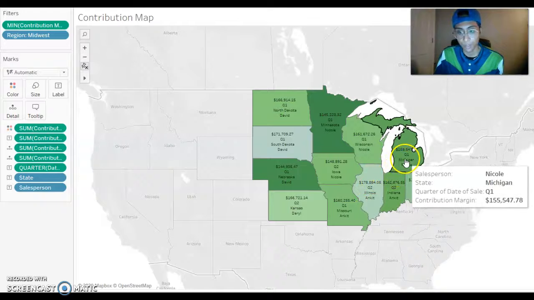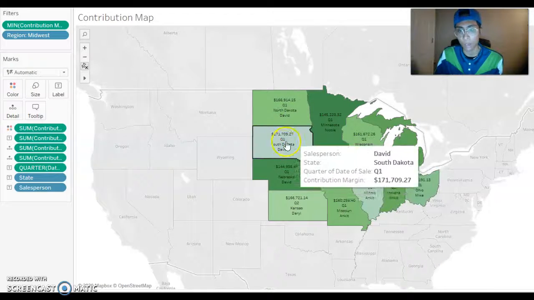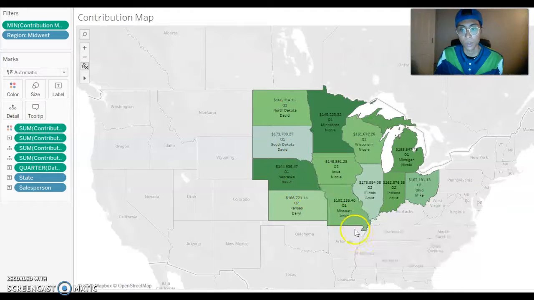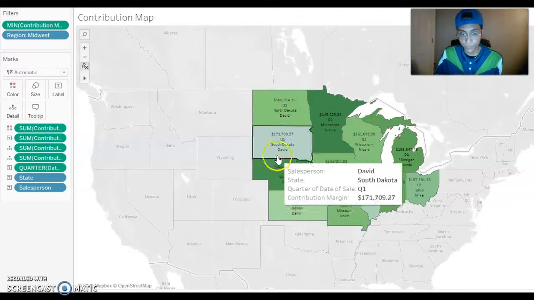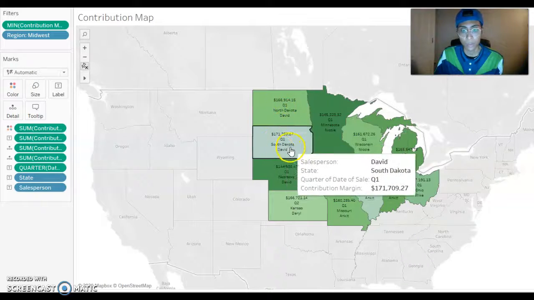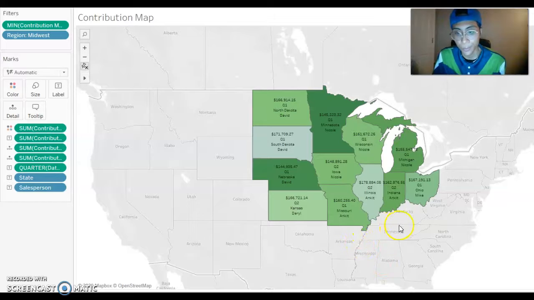and 150,000, 155,000. If you look at the other places that did a lot better, David's doing pretty well with his three states, or was it four states? Three states, and he's doing over 166,000, 171,000, with just one state at 144,000, which doesn't seem like a big deal.